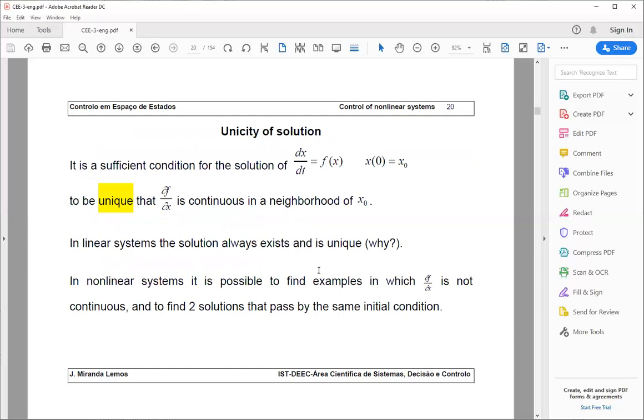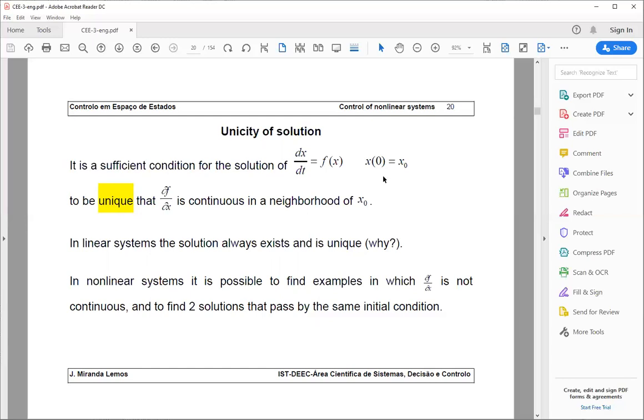First of all, uniqueness of solution. We would expect that if you have your state equation, and let's think now that you don't have an input function, so it's an autonomous system, once you specify the initial condition, the solution for x is unique.